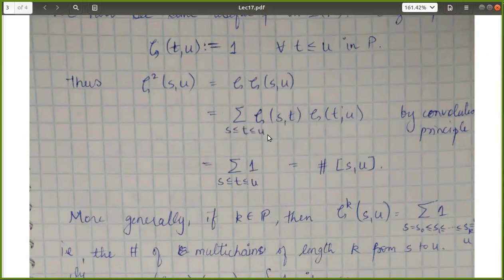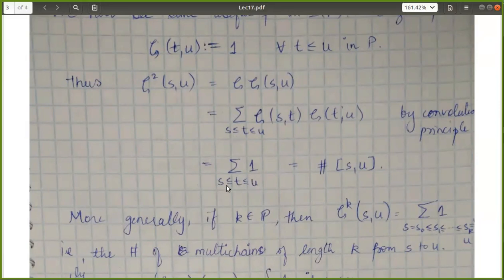And that would have given you the number of occurrences of T1, T2 between S and U with the additional property that T1 is less than or equal to T2. So that is the same as saying: how many sequences of length 3 are there between S and U? Sorry, 3.